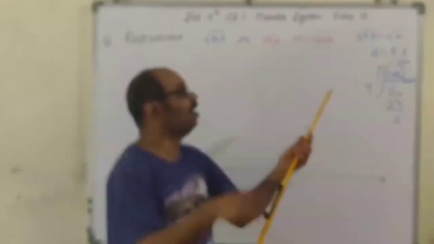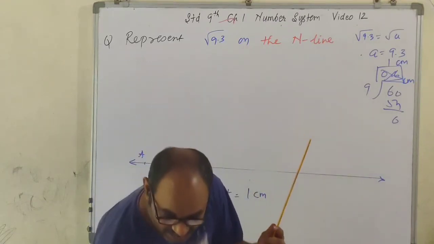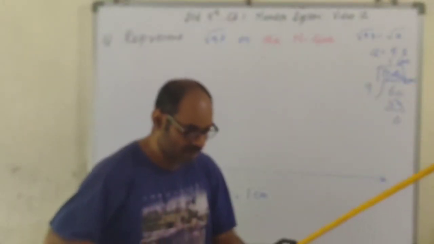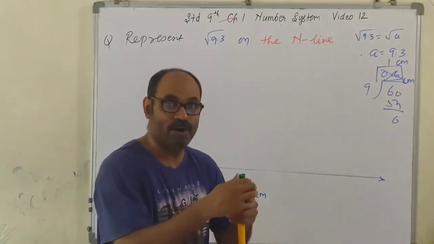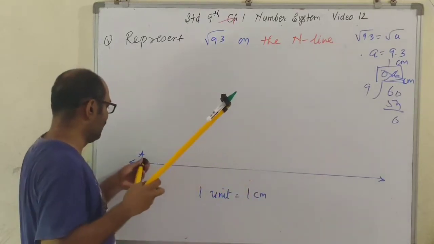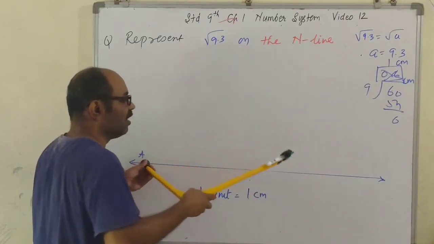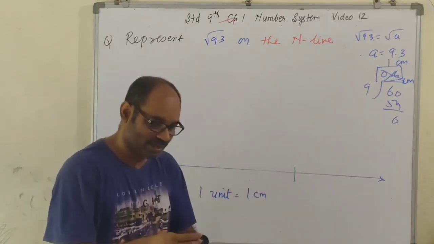So on this ruler, I'll have to take 9.3 wherever 9.3 is there. Okay. Put that and do it nicely. This is 9.3. You see on your scale. Okay. So I'll draw a line segment of length 9.3 unit. It's quite big. Okay.